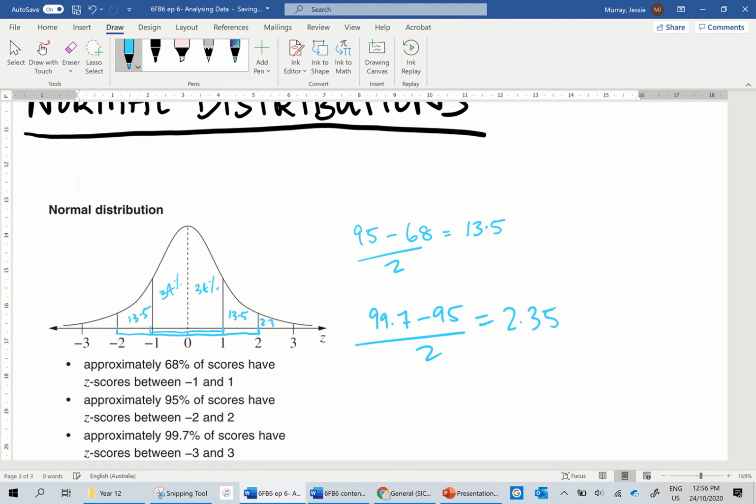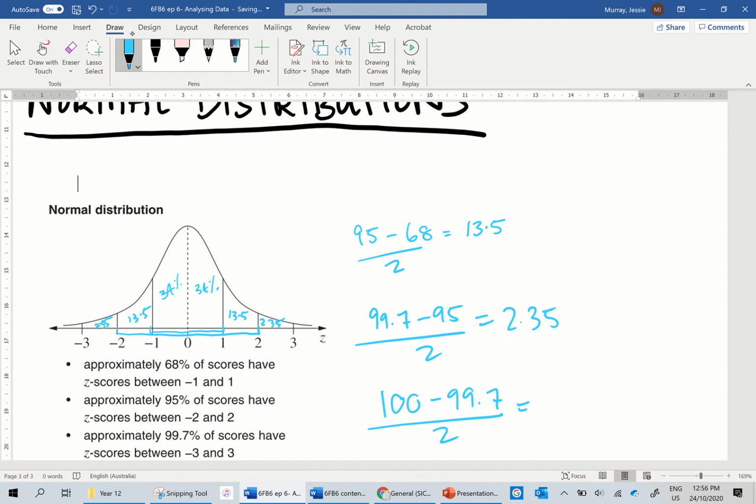So then you get 2.35, 2.35, and then the final one, I should check it, but the final one is 100 minus 99.7, all on 2, and let me just double check it, but I'm pretty confident you get 0.15.